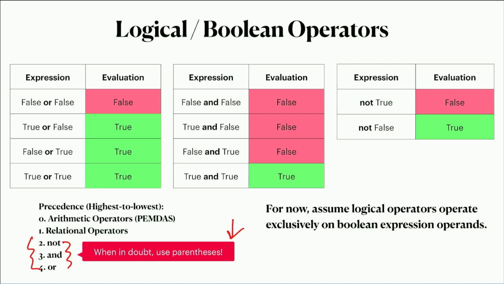I always have to reason through this, and it typically reasons the way you would expect. But when in doubt, and actually just to make your code easier to read, rely on your parentheses to enforce these de facto, right? So you can always use parentheses to set the order of precedence that you'd like to explicitly happen. But implicitly, if you don't use parentheses, this is their order of precedence.